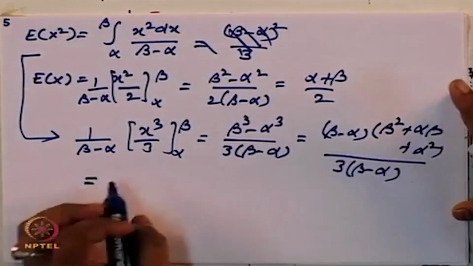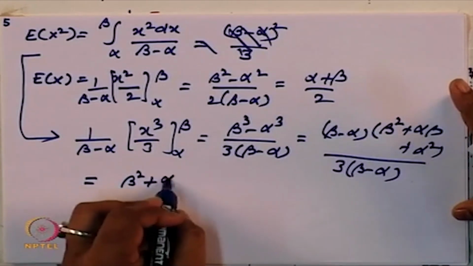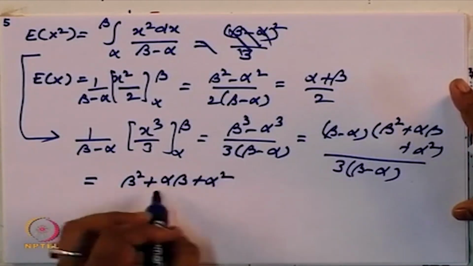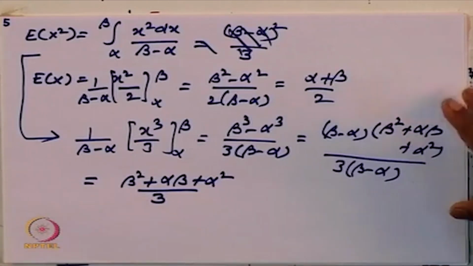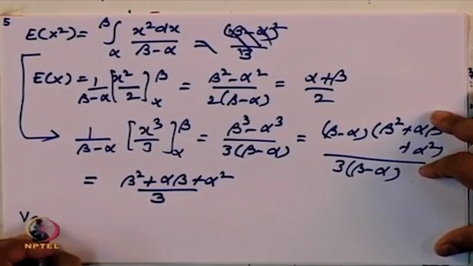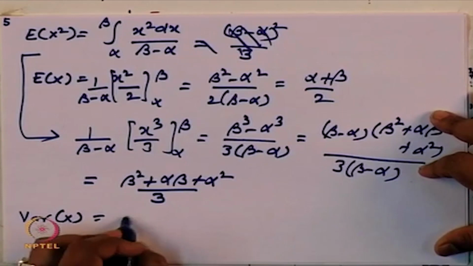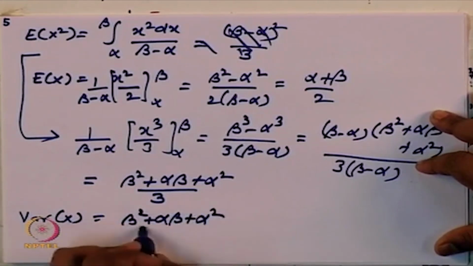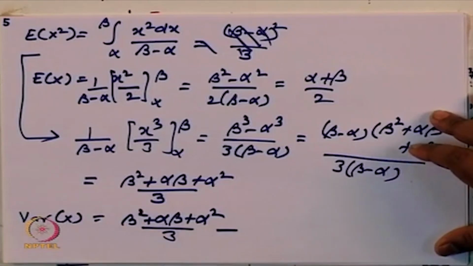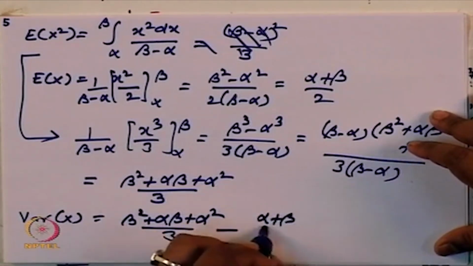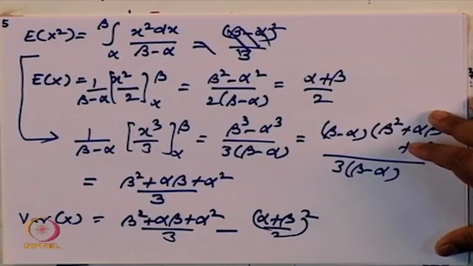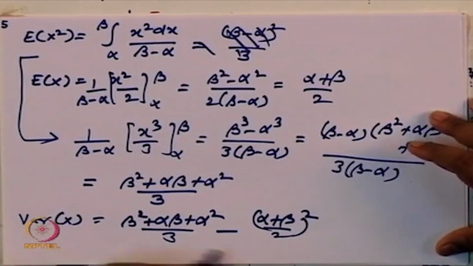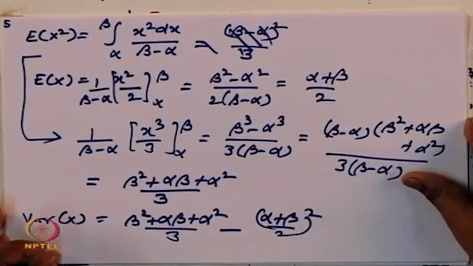So, this would give you a value of beta square plus alpha beta plus alpha square by 3. So, your variance of x then becomes that minus alpha plus beta by 2 whole square. You can simplify this and see what value you get. So, that brings our discussion of uniform distribution to a close.